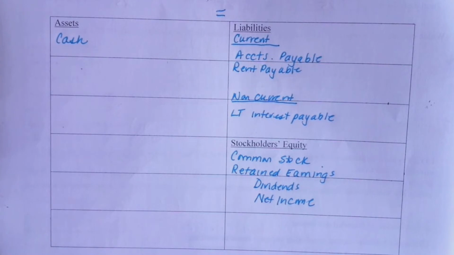So if the whole point of the statement of cash flows is to identify what these changes are, we can figure that out by just looking at what the changes are in our liabilities and the changes in stockholders' equity. That's how we're going to figure it out. Does that make sense? Okay. So that is kind of the why we're going to do what we do. If you don't remember that and don't like it, it's fine.